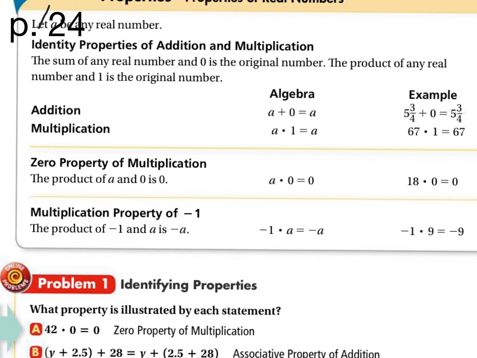Multiplication identity says if we multiply a number by 1, we get the same number that we had. Zero property of multiplication says if we multiply a number by 0, we get 0. And multiplication property of -1 says if we multiply something by -1, then we'll get its opposite. So like I said, I will mention those. We're not going to worry about those too much though.